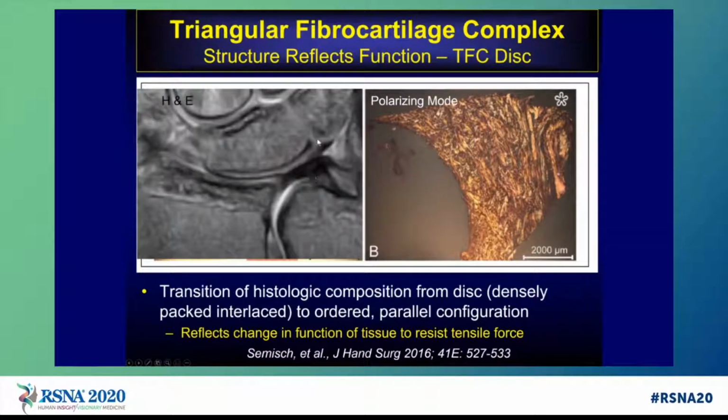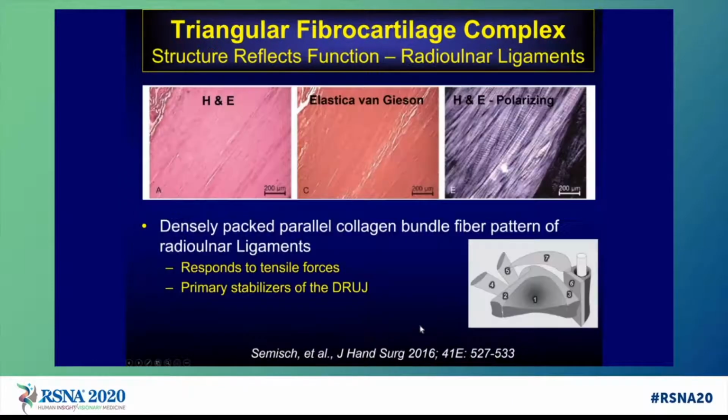The disc being the shock absorber as you load the proximal carpal row to the ulna, then the tensile forces really being resisted by those linear ligamentous components attaching that disc to the ulnar styloid. Well, if we look even closer at the histology of the ligamentous structures, including the radioulnar ligaments, we see a very different appearance to the H&E, the elastica and H&E polarizing components, reflecting the structural change.